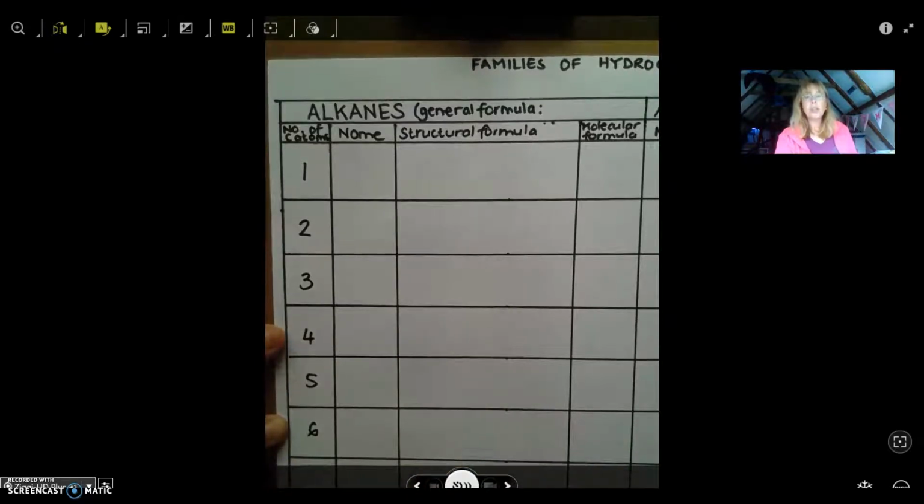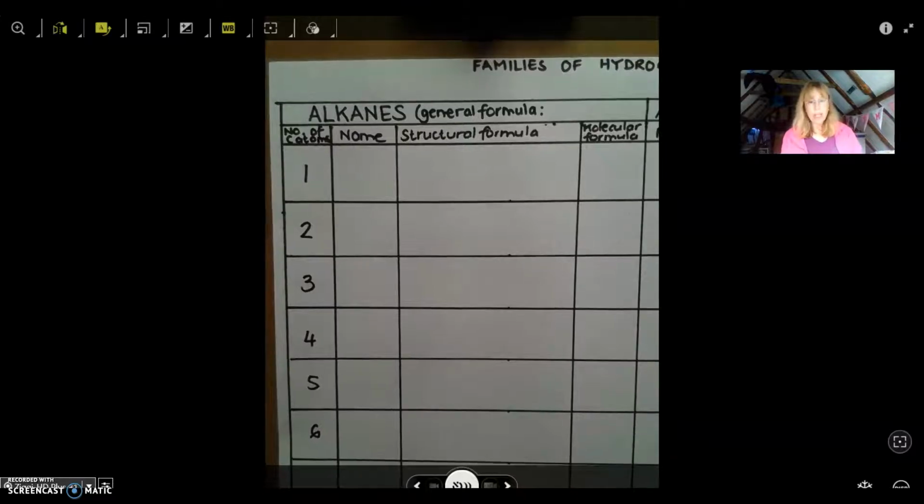And in fact, you can go all the way to number 10. Now, it's quite easy to identify the alkane family from the name because their name ends in ANE. But what we have to learn is the prefix, the first part of their name. So let's focus on that for a moment before we get going.